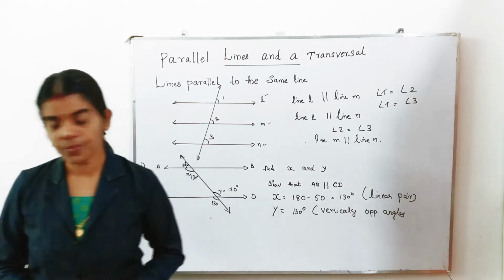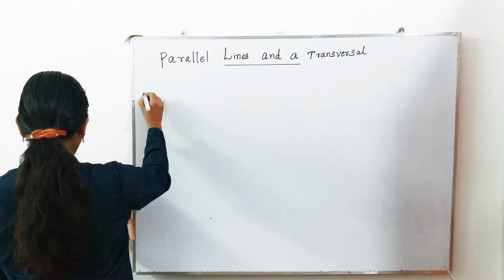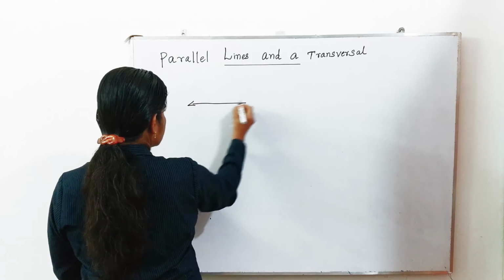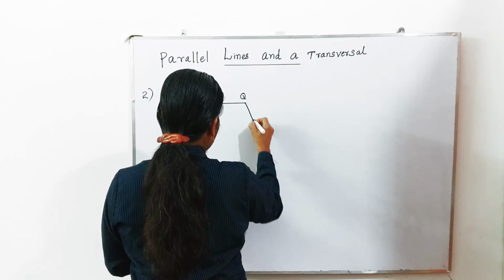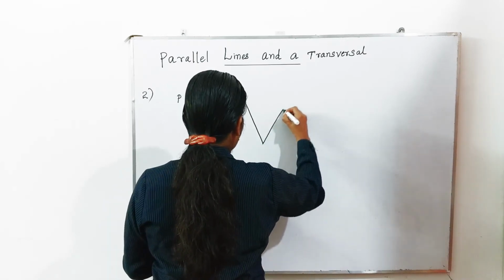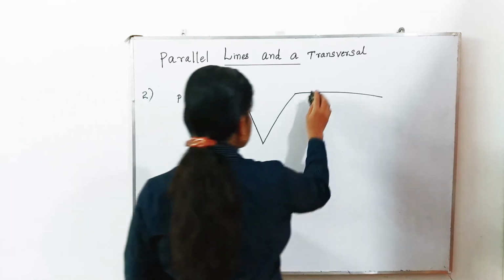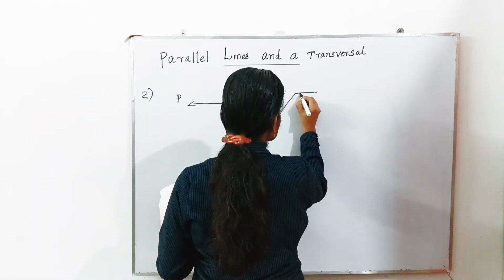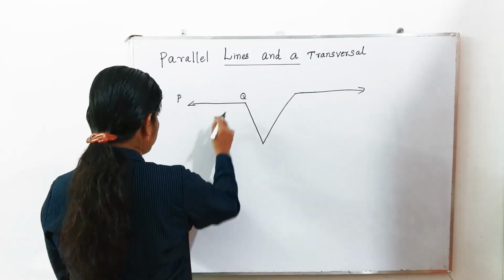Okay, this question done, I will show one more question. Just listen. Next one is, one figure is given. This is given Q, this is P. This is the figure given, PQ.